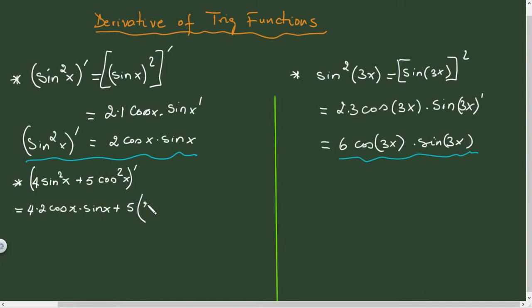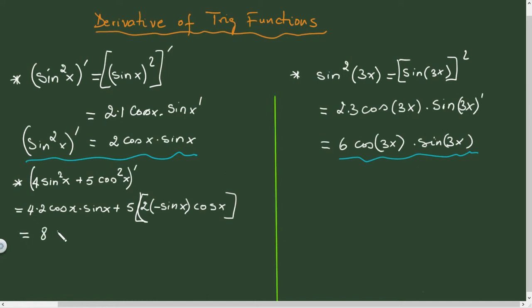First, the power comes out front, and then we take the derivative of cosine, which is minus sine of x, times cosine of x with its power reduced. So this should have been a square bracket.